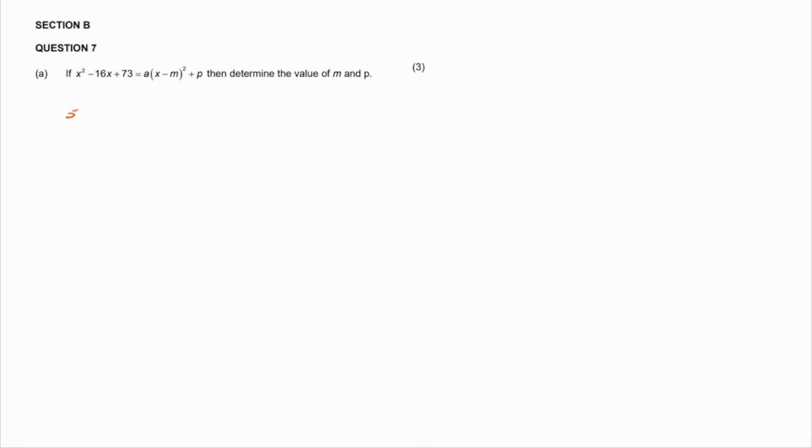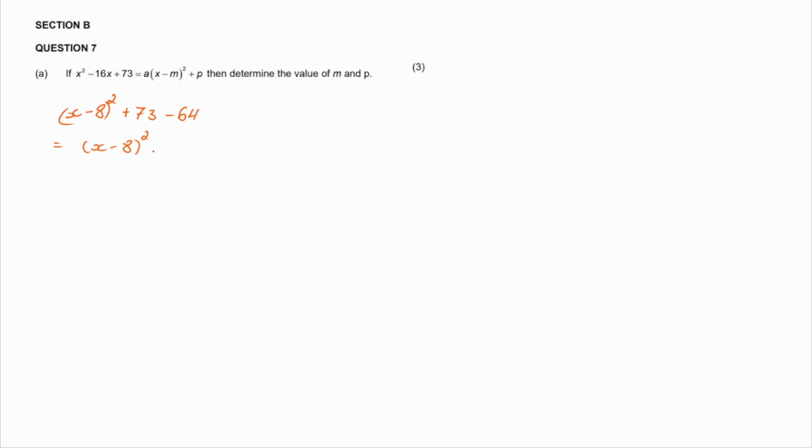Completing the square, you keep the sign, you halve that, which is 8, all squared, plus 73. And what we've created here is a positive 64, so we need to take it away, because 8 squared is 64.